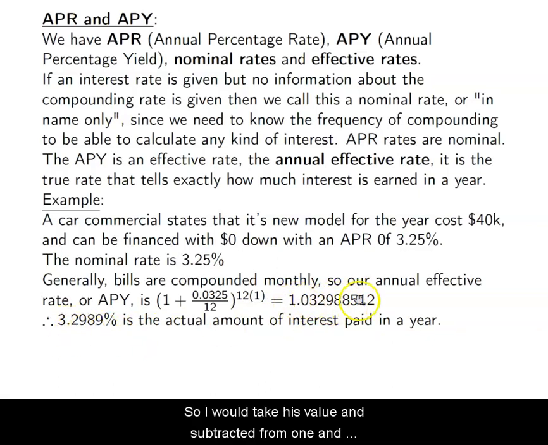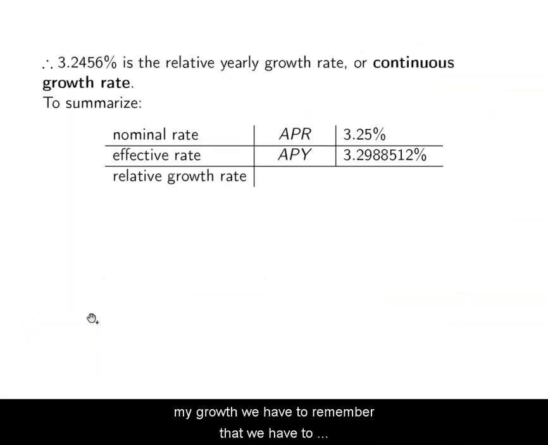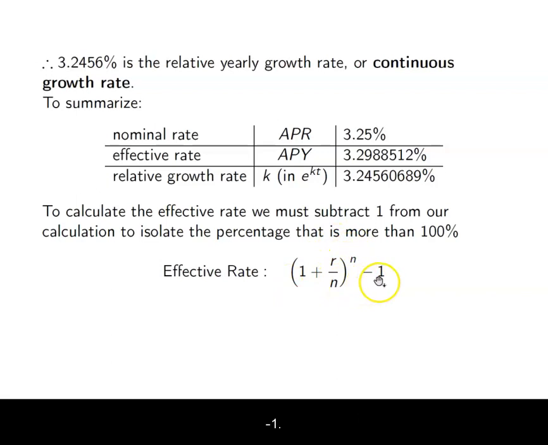So I would take 1 and subtract it from this value, and that's how I would get my growth rate. So if I want to find my growth, we have to remember that we have to subtract 1. So my effective rate is this 1 plus r over n to the n, however many times I need to compound in a year, minus the 1. So that's how I find my effective rate, because I need just the percentage, not the 1 plus this, or the 1.032988512 value.